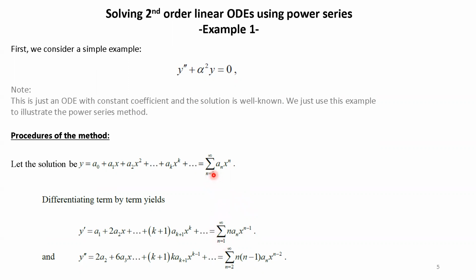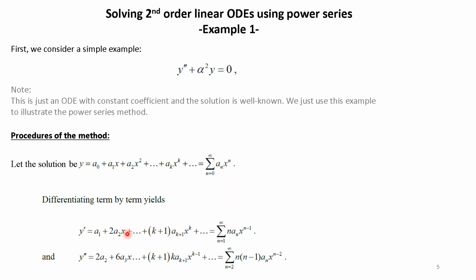It's simply because the 0 term is just a constant, so after you do differentiation, this one goes away. That's why the summation goes from n equals 1. Of course, the upper limit you never worry about, because there are infinitely many terms, so you always just go to infinity.